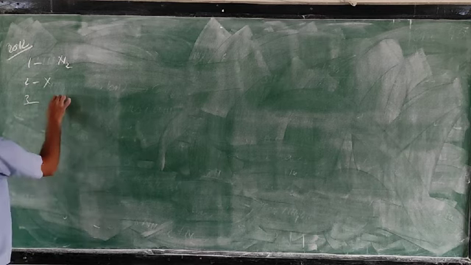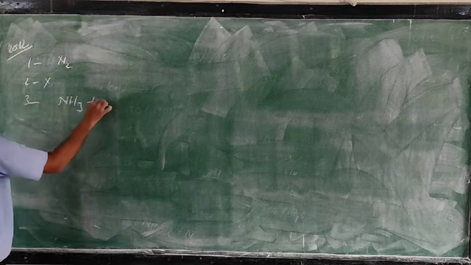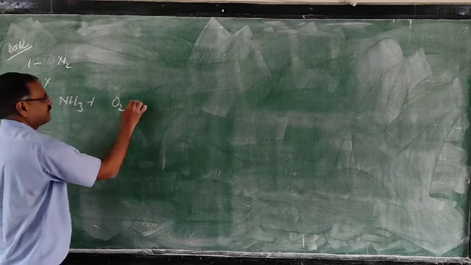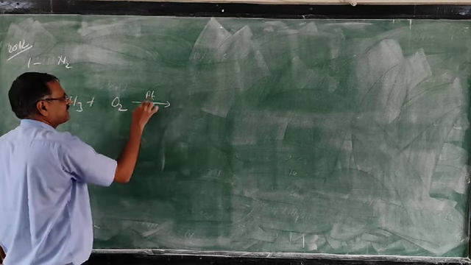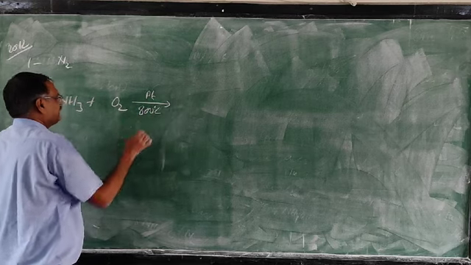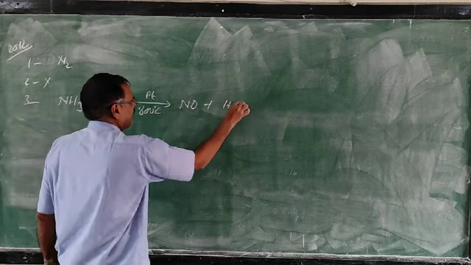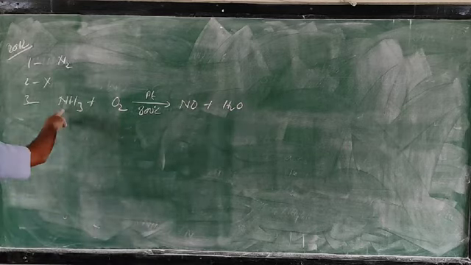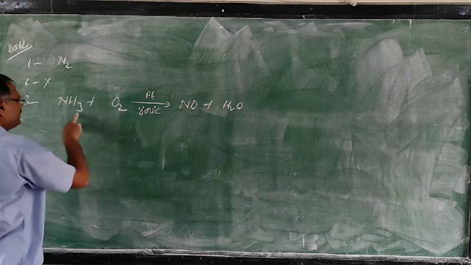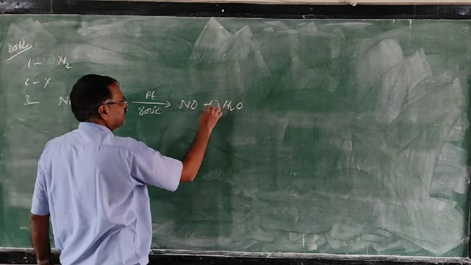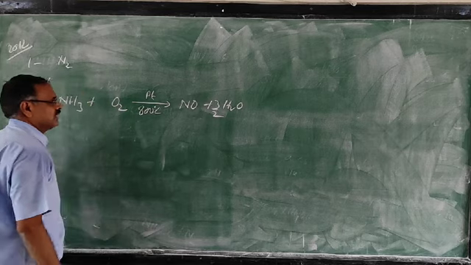So ammonia combined with oxygen in the presence of the catalyst at 800 degrees Celsius will form nitric oxide and water.